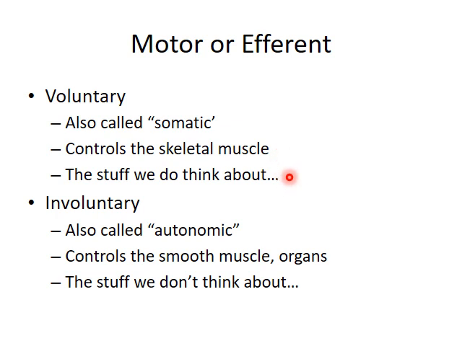So, the skeletal muscle moving around, waving hi, washing our hands lately, stuff like that. We have the involuntary side or involuntary half, which is also called the autonomic. This generally controls smooth muscle and organs. And as we mentioned already, it's the stuff we don't generally think about, don't have to think about, but it still gets done.